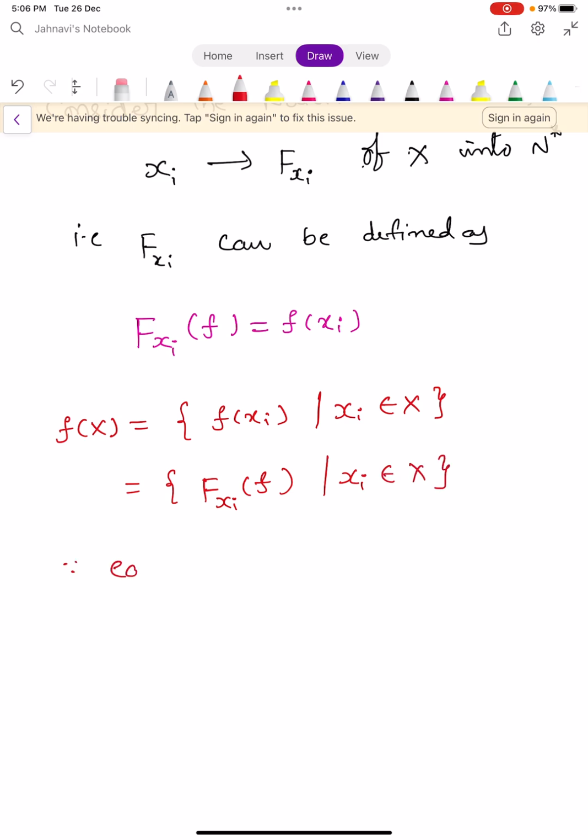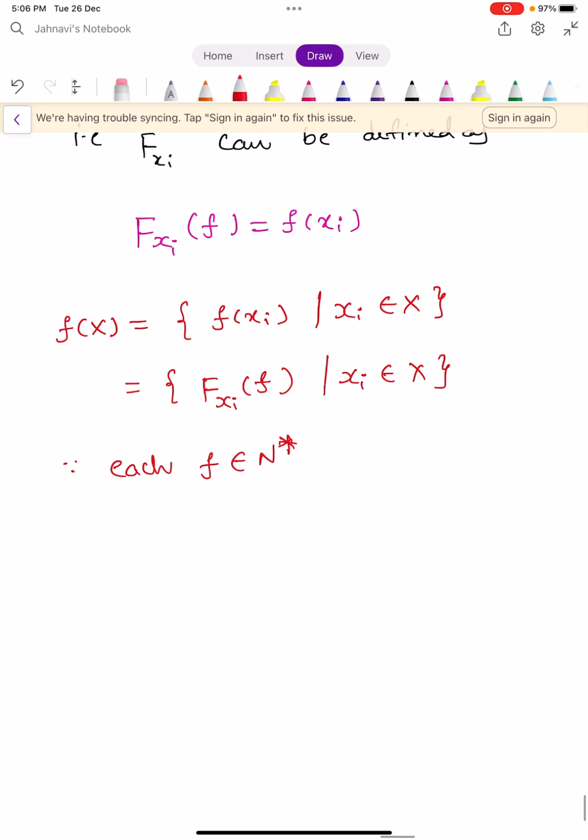For each f belongs to the conjugate space N star, the set f of X is bounded.